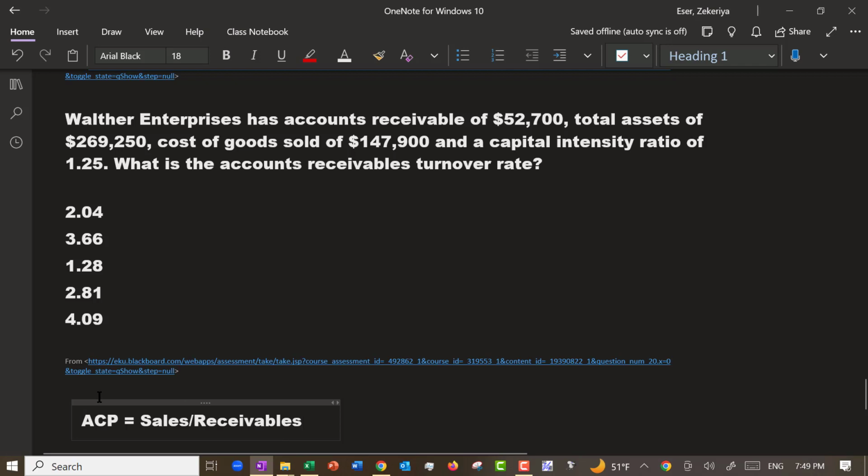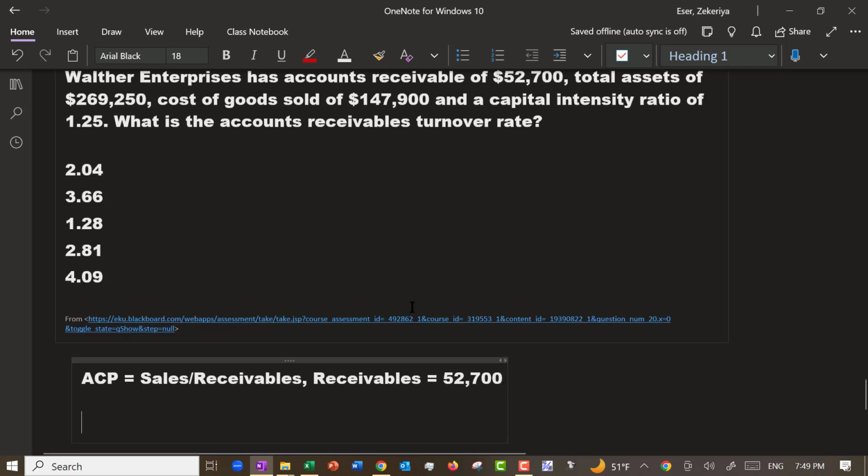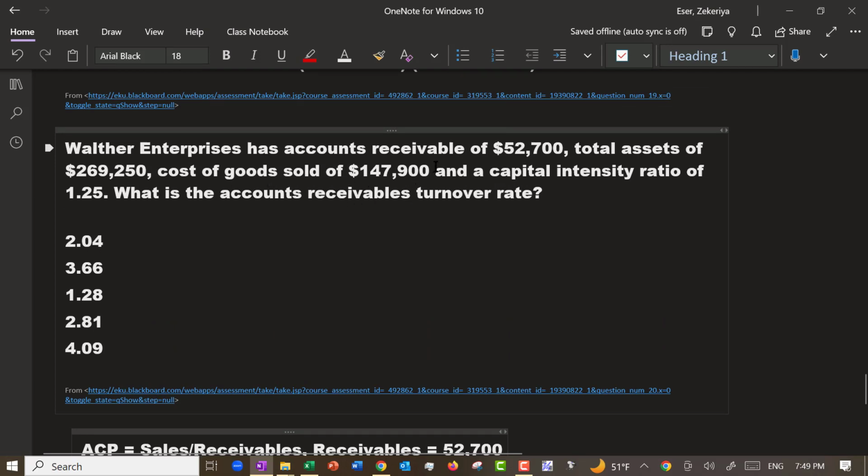Well, we know the receivables. All we have to do is figure out sales, right? For sales, well, I know cost of goods sold, but that's not what I need. I know total assets. I know something that may be related to sales.